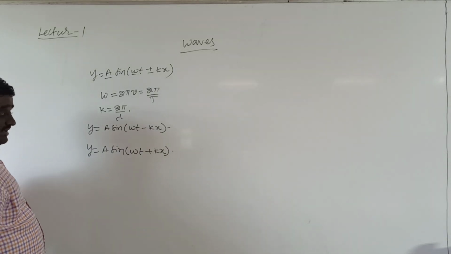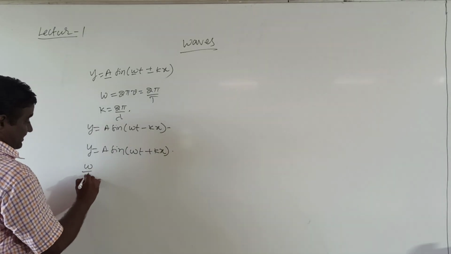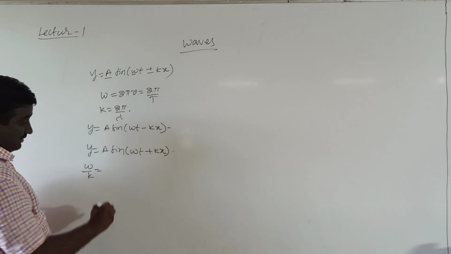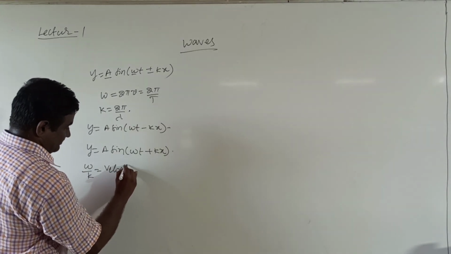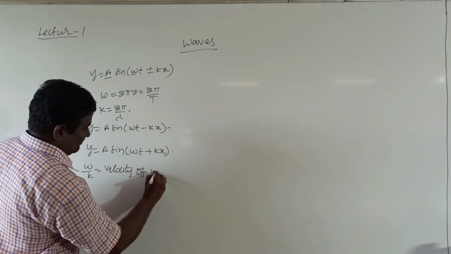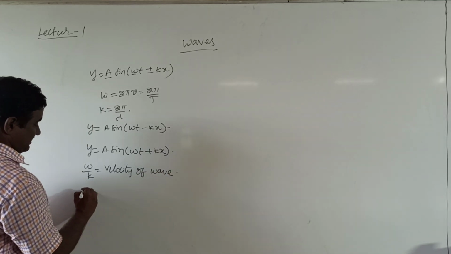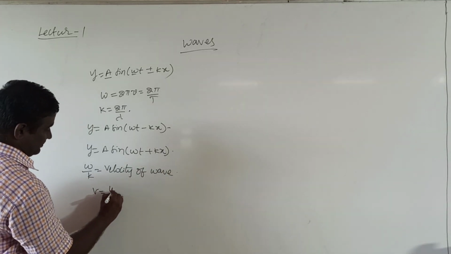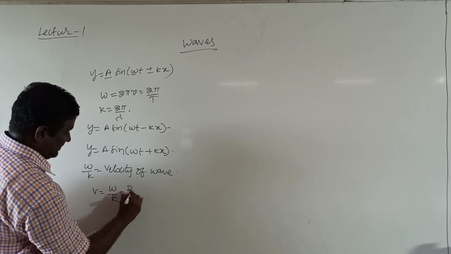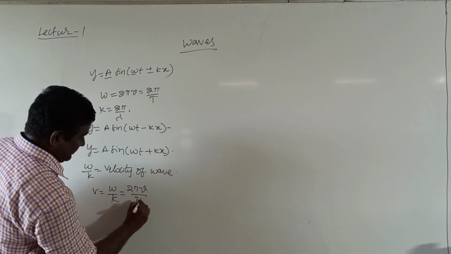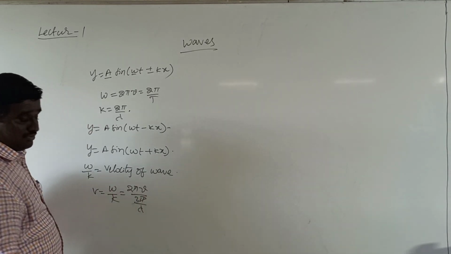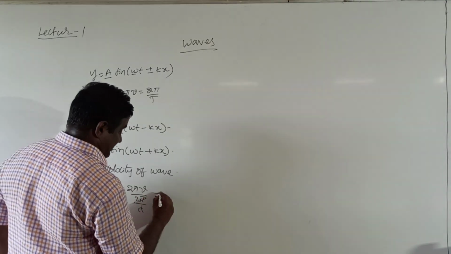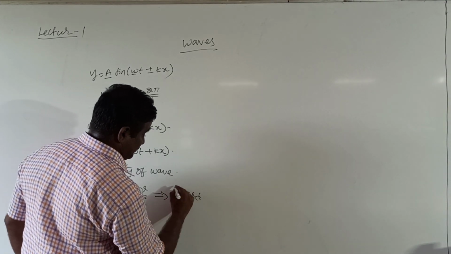In this progressive wave, the ratio of omega by k gives the velocity of the wave. Then velocity of the wave v equal to omega by k, 2 pi mu by 2 pi by lambda. Here 2 pi gets cancelled, then velocity of the wave v equal to mu lambda.